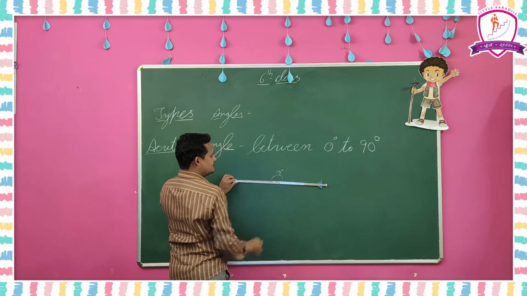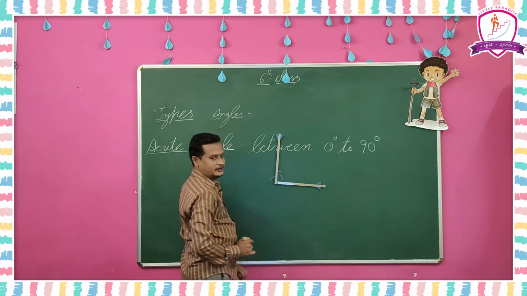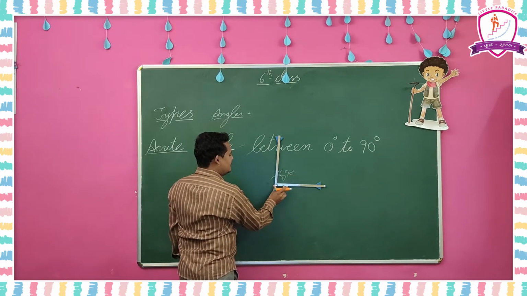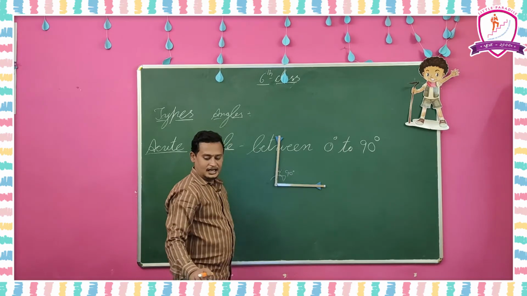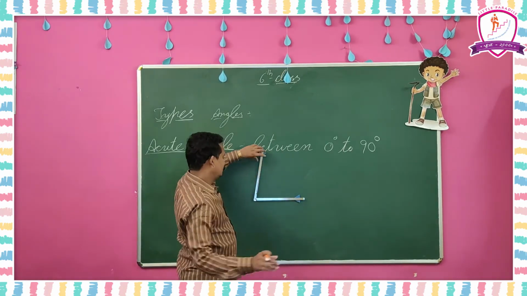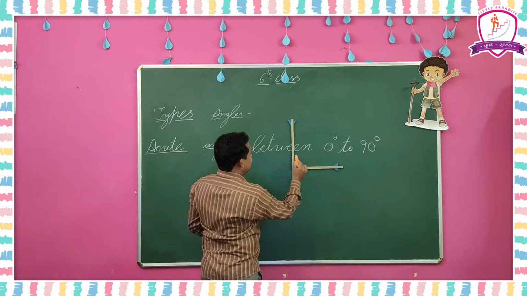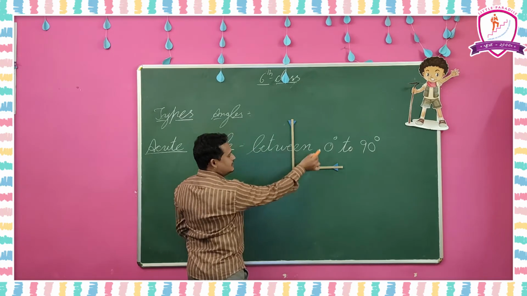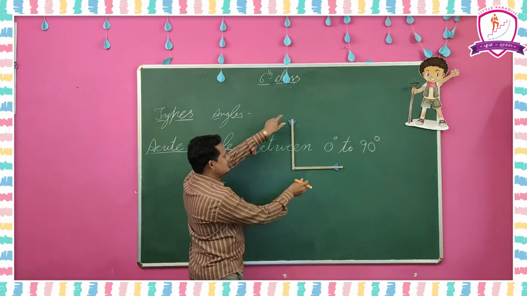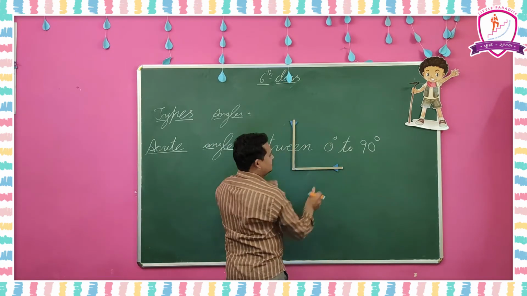If the angle is exactly 90 degrees, it is a right angle. If the angle is measured in between, in this region between 0 to 90, this complete region we can say is the acute angle.